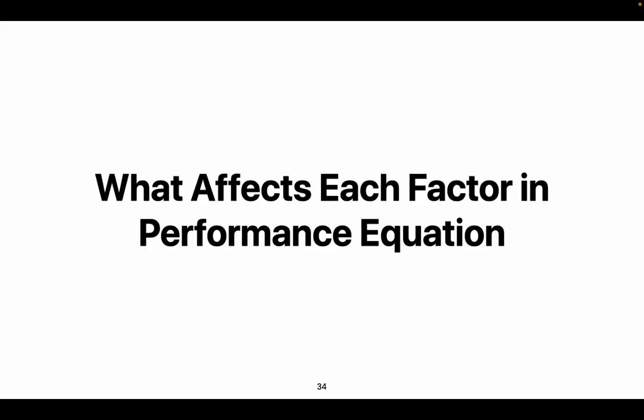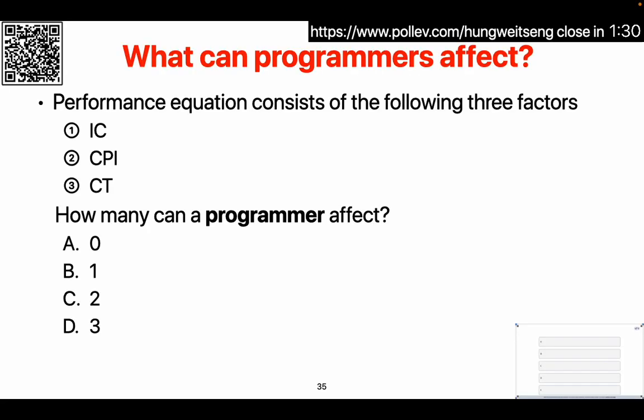Now, let's discuss what would affect each term in the performance equation. The big motivation for making CS203 a core course in the computer science curriculum is that programmers actually matter in many aspects of performance.